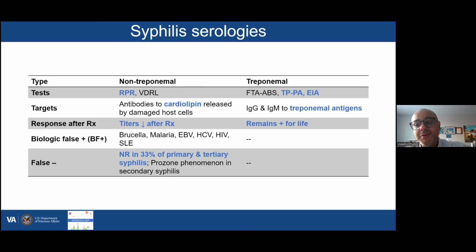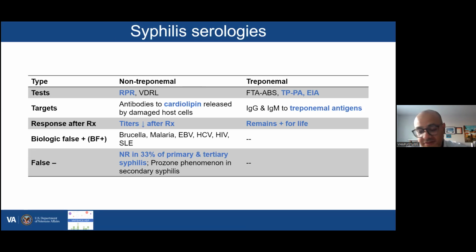If you get infected and it's very early on, your RPR can be negative in about a third of patients. If you have very early infection, your body just has not had time to react, right?